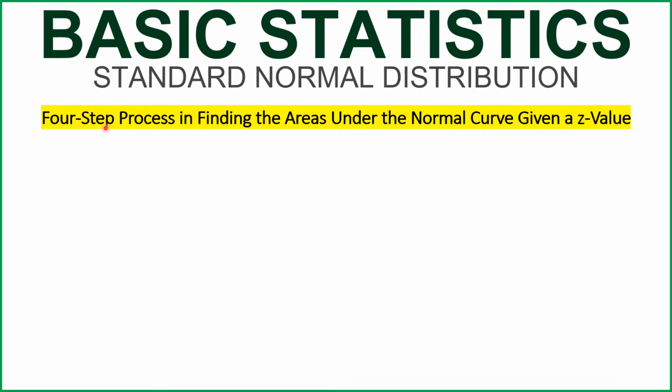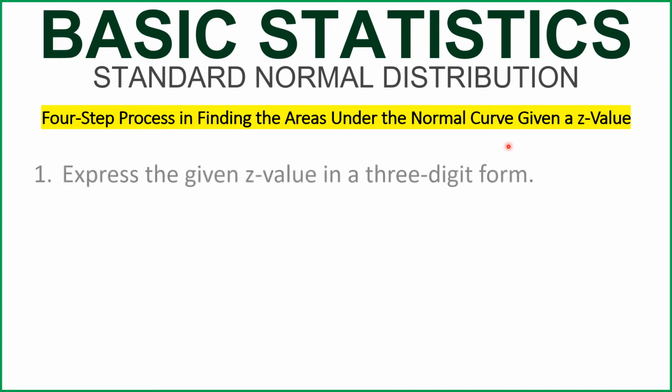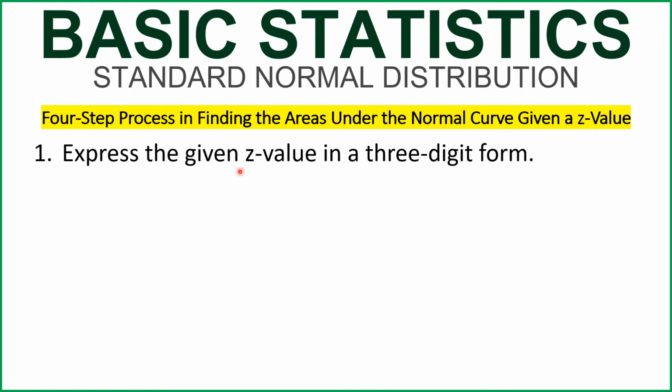So next, the 4 steps in finding the area under the normal curve given a z-value. So the first step is express the given value in a 3-digit form. So 3-digit form, let's say for example, we have 1.23.